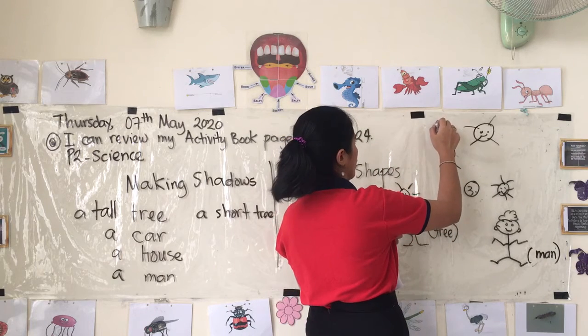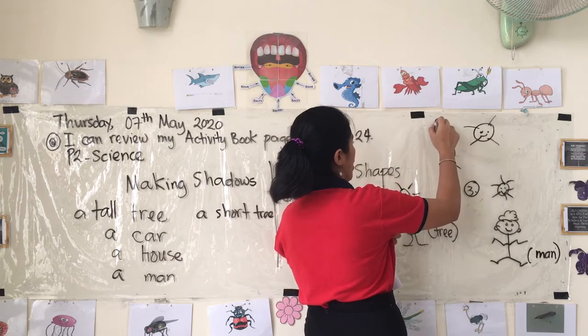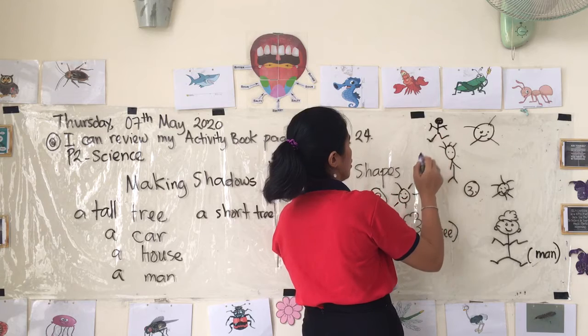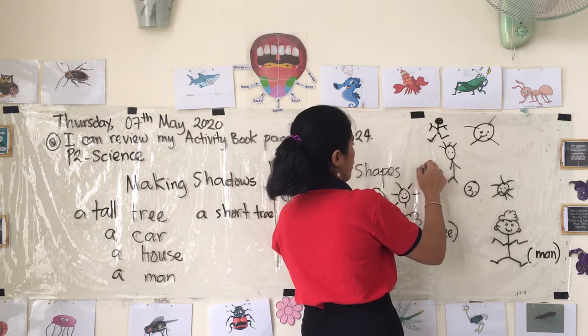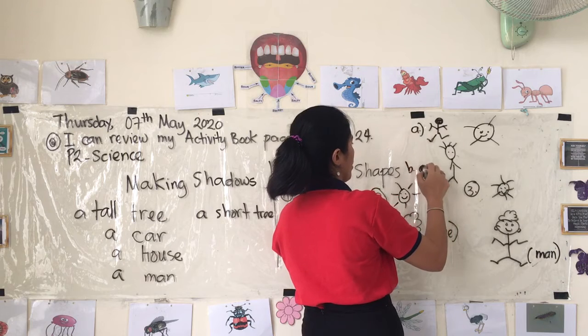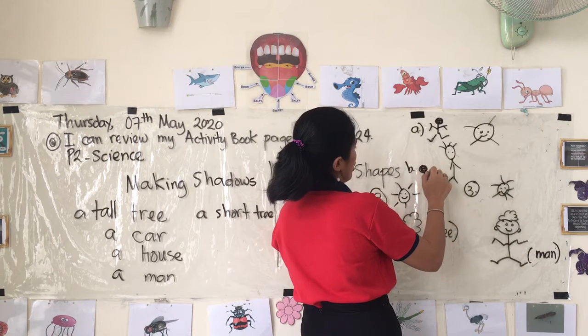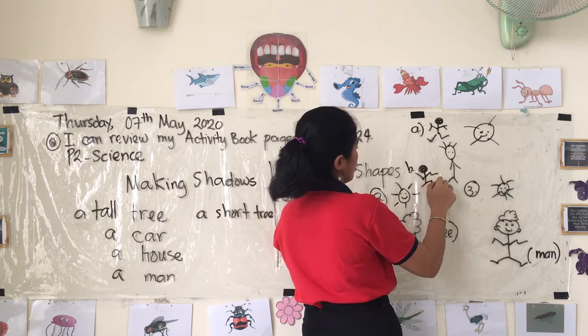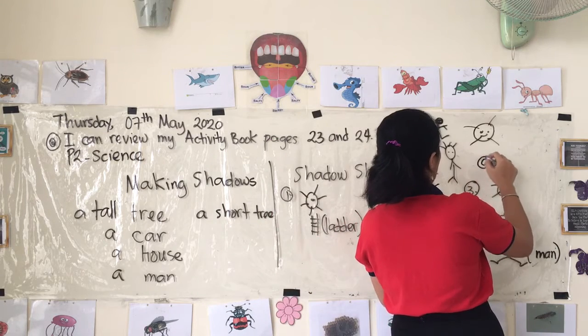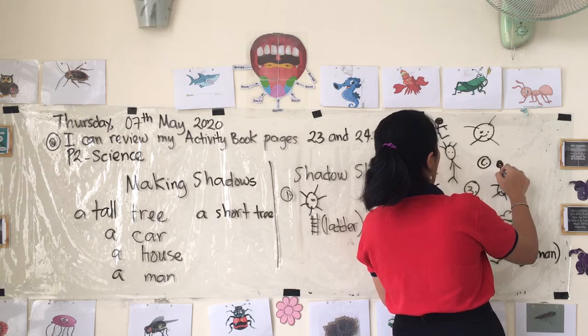So here, just imagine this as the shadow. Another shadow. So this is shadow A. This is shadow B. And this is shadow C. Shadow of the man.